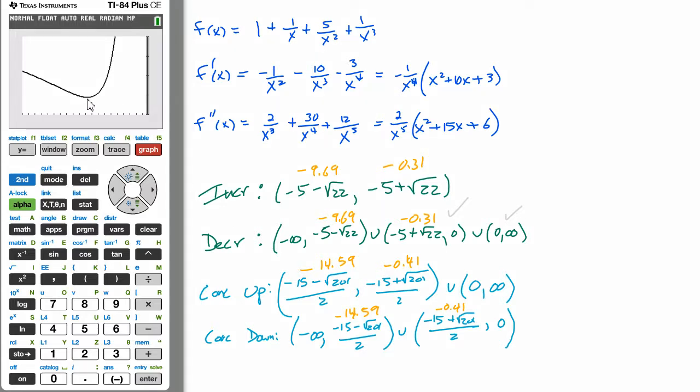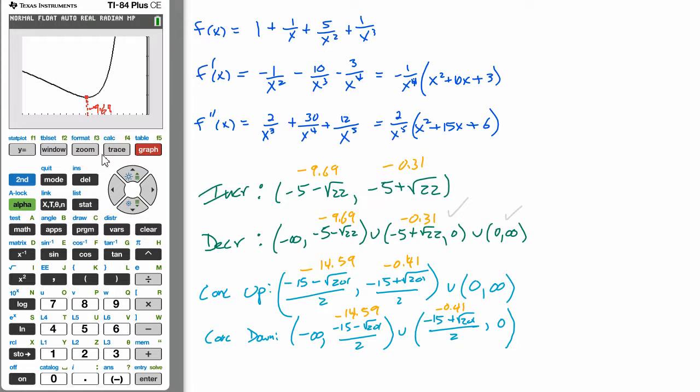Let me grab my pen here. This critical point would be at -9.69, or -5 minus root 22. So we're at -9.69 right there.